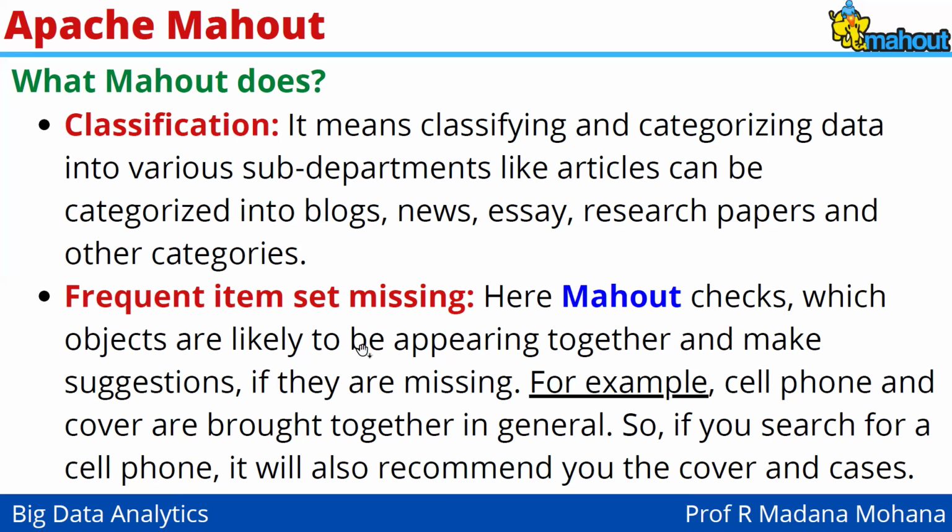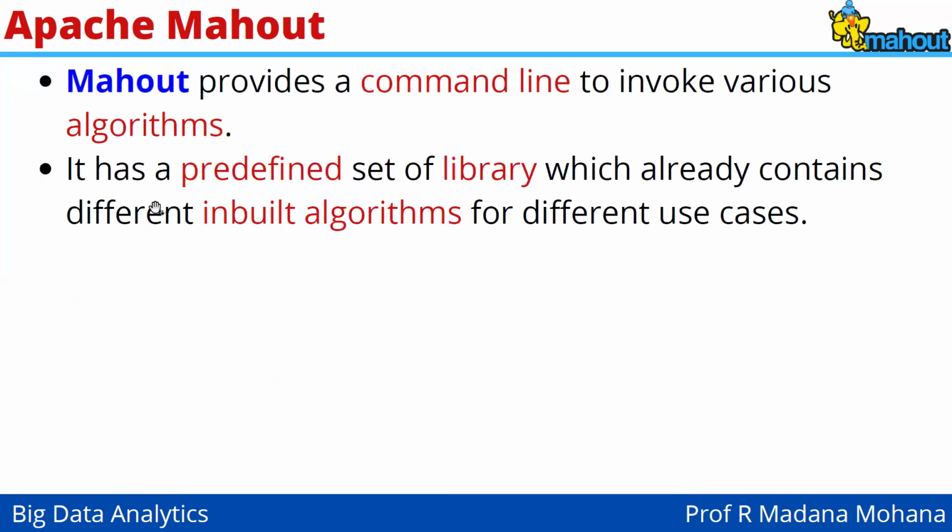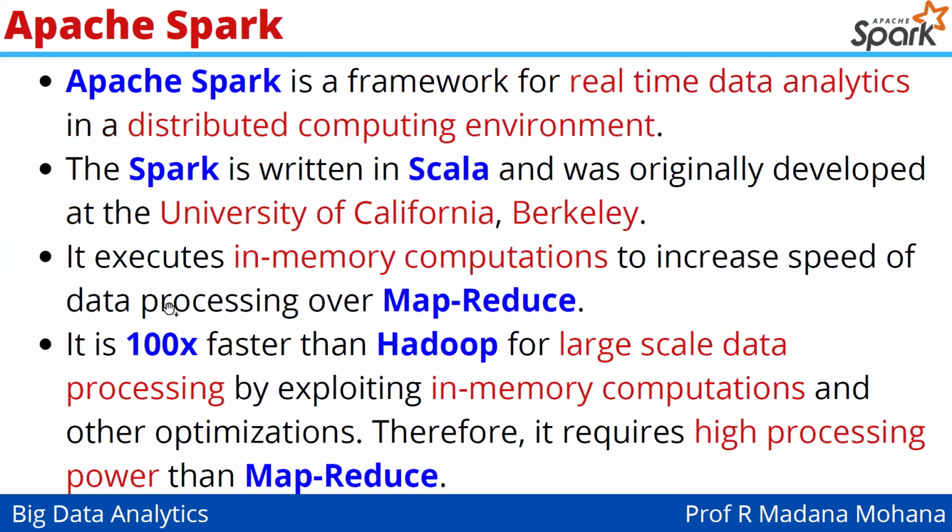We will see this type of scenario. Finally, Mahout provides a command line to invoke various algorithms. It also has a predefined set of libraries which already contain different inbuilt algorithms for different use cases. That is about Apache Mahout.